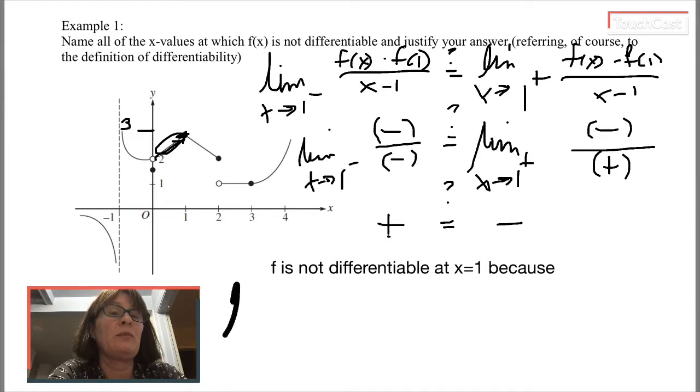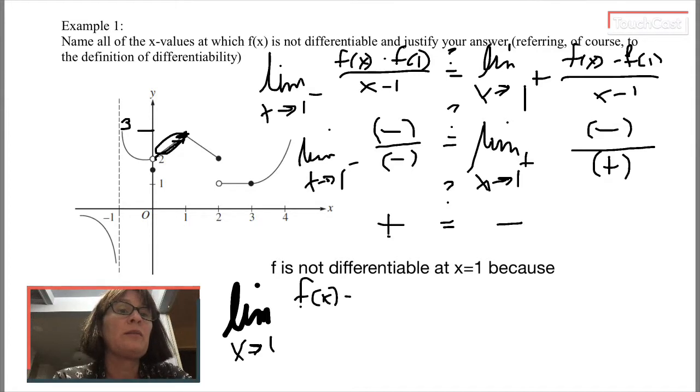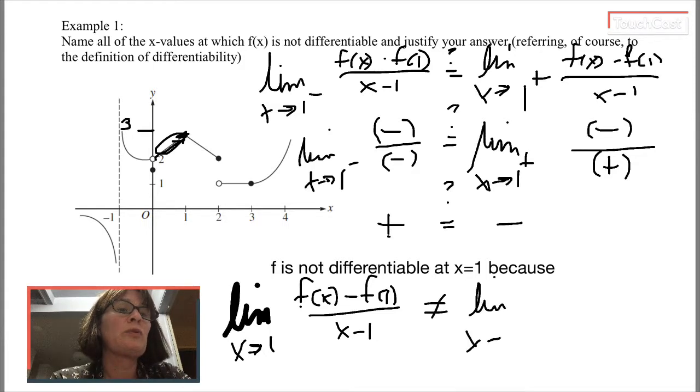and I would write this out, the limit as x approaches a from the left of, not a. I reminded you earlier to make sure you plug in the a because I forget to plug in the a. So as x approaches 1 of f of x minus f of 1 over x minus 1 is not equal to the limit as x approaches 1, this should be from the left.